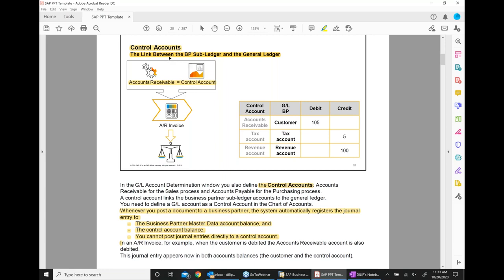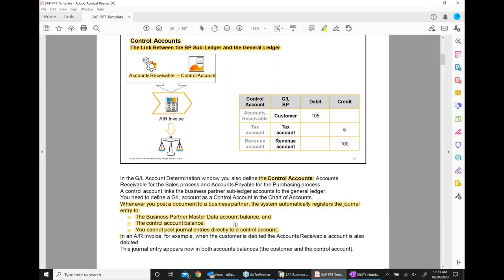Link between BP sub-ledger and general ledger. Make a note of that term. I will also like you to make a note of this bullet point which I highlighted. Make a note of that as well.